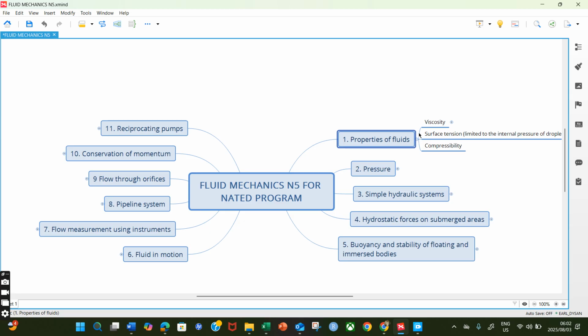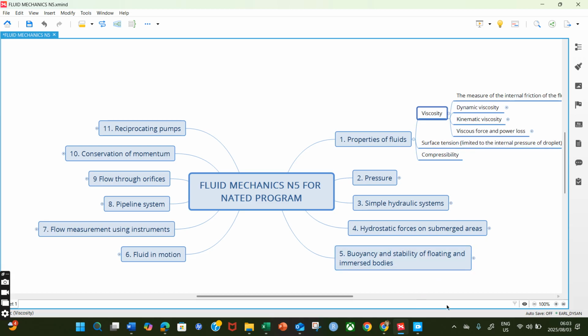When we look at the properties, we have several of them: viscosity, surface tension, compressibility, and also the densities and other properties that go with the fluids. But for this video, I'm going to focus on the viscosity.